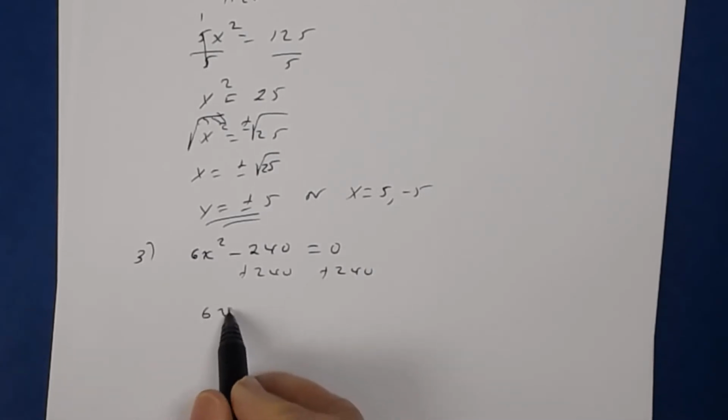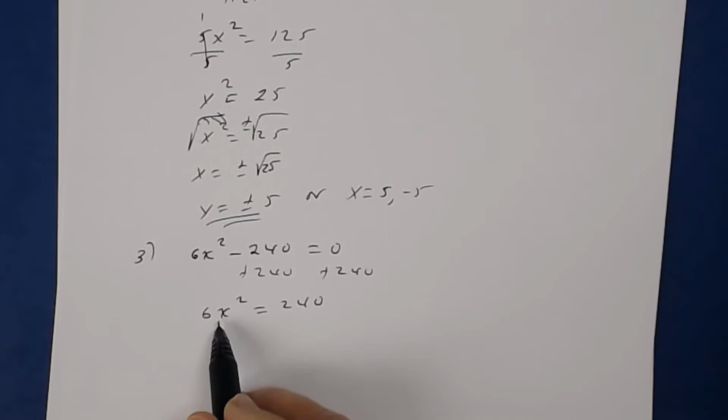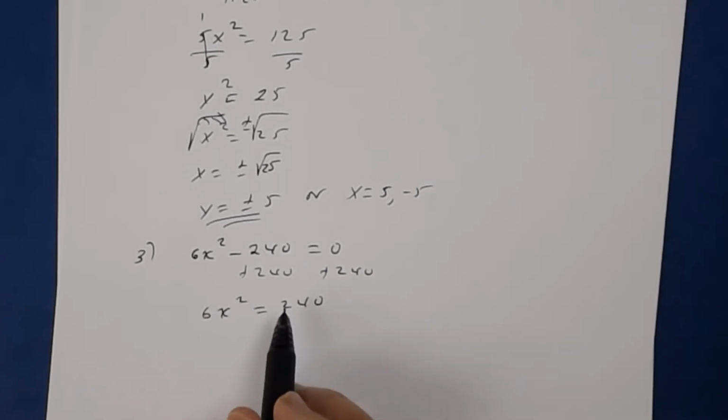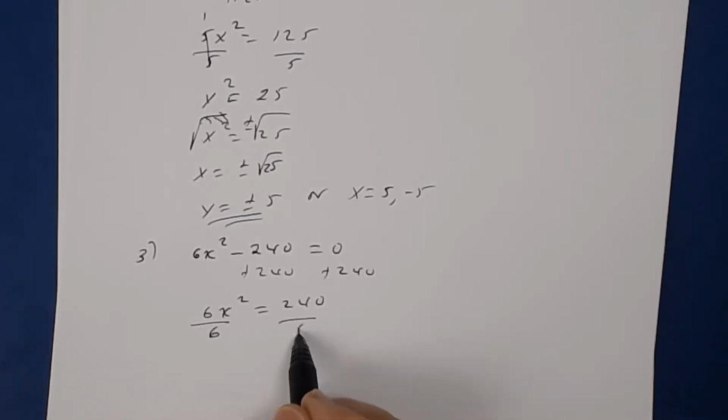And so I get 6x squared equals 240. Now you get x squared by itself. You got to do that first. Don't take the square root of both sides, because you're going to forget about the square root of 6 that you're going to end up with. So divide by 6 makes it a lot easier if you do that first. So get x squared equal, and then 240 divided by 6 will give us 40.